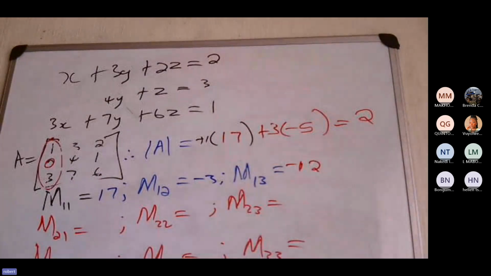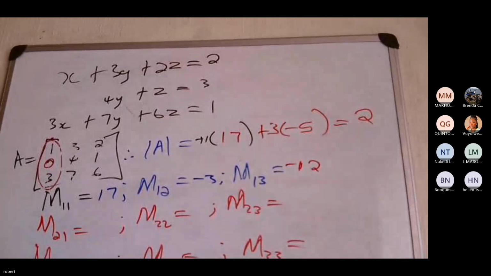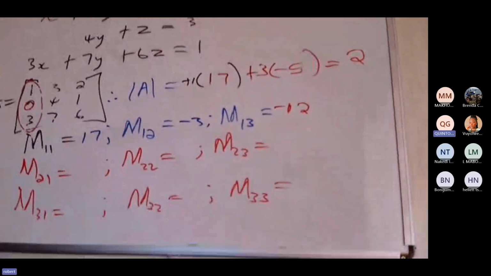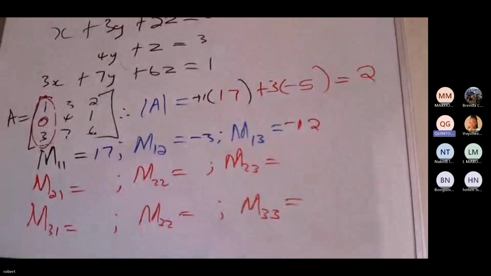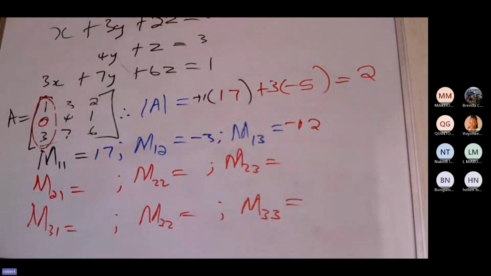What is M21? Anybody tell us what is M21? You can say you don't know. Just tell me the final answer. What is the final answer? M21? Nobody will say, I don't know.